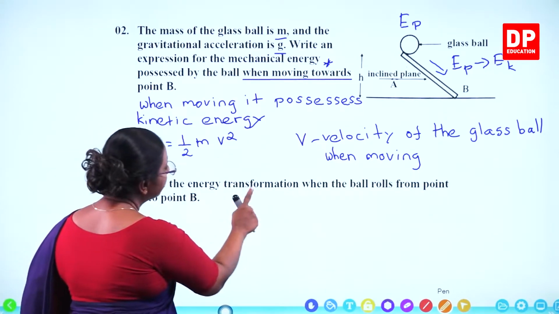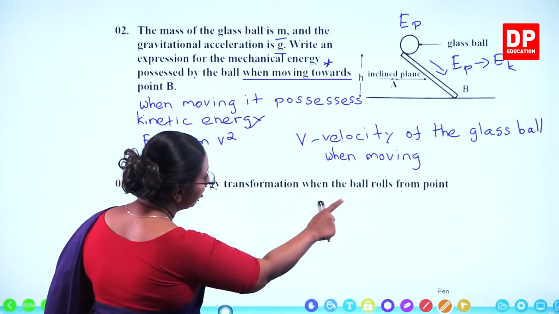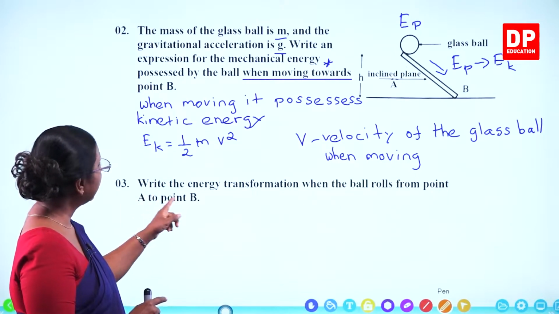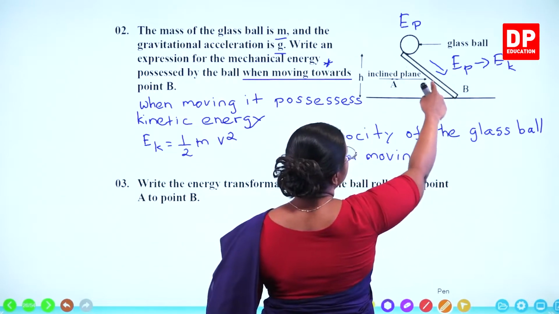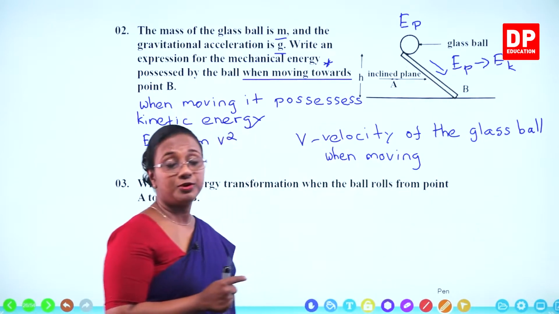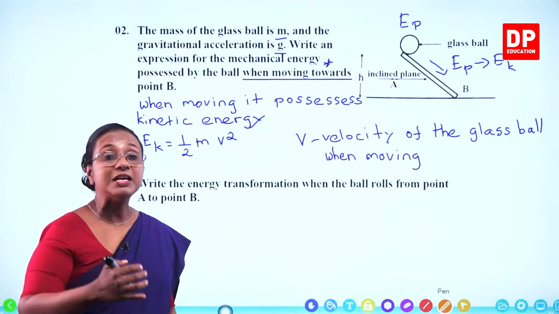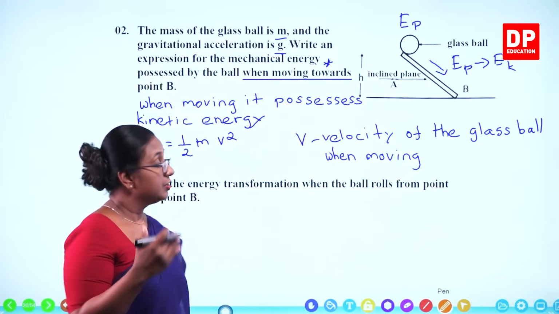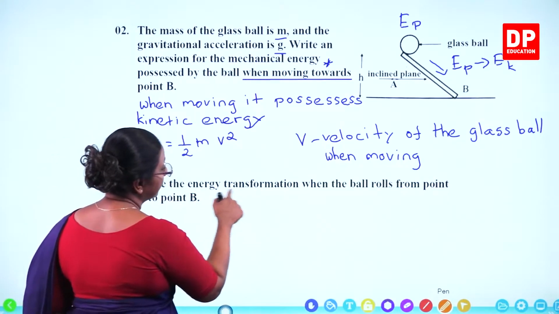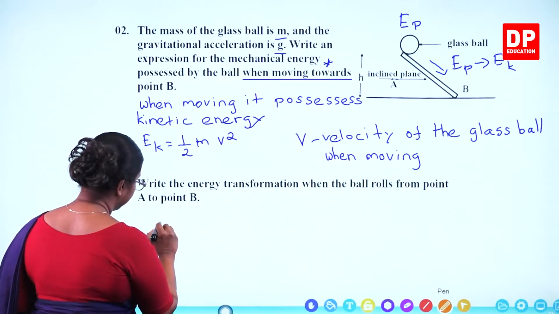Then write the energy transformation when the ball rolls from point A to point B. So from here to here also there is a certain amount of potential energy that will be converted to kinetic energy because the object is rolling. So there they want you to write the energy transformation.